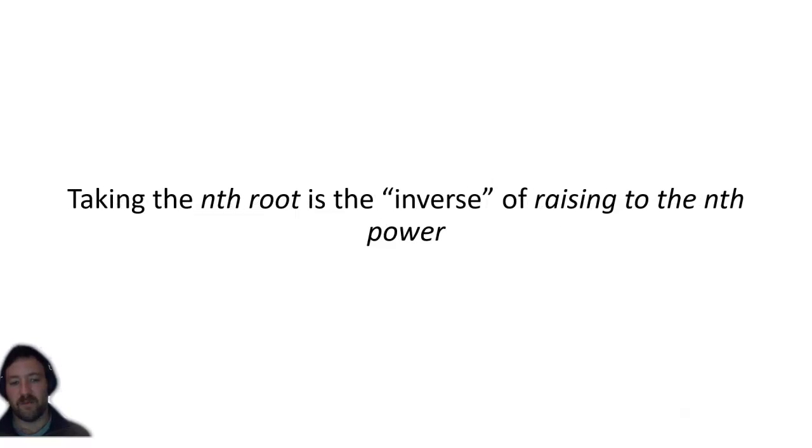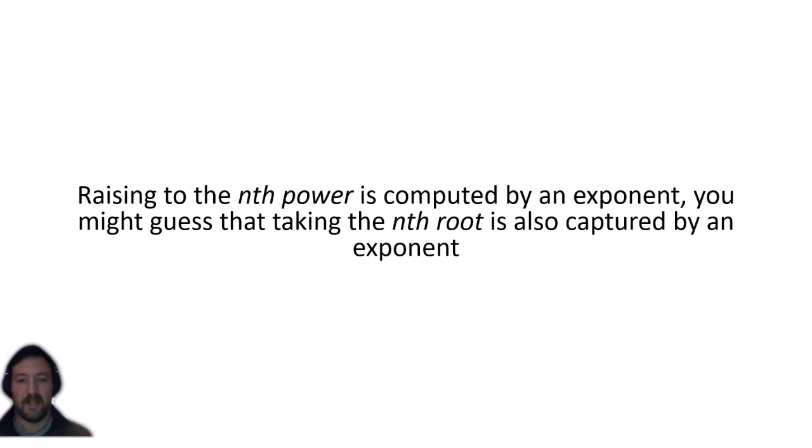And of course, what it means to take an nth root is to do the opposite, or invert, raising to the nth power. So raising to the nth power, you're going to multiply a number by itself that many times, right? And you say, well, how do I undo that to get the nth root? What's the number which multiplied by itself n times gives me the thing I started with? And that's what nth roots are all about.